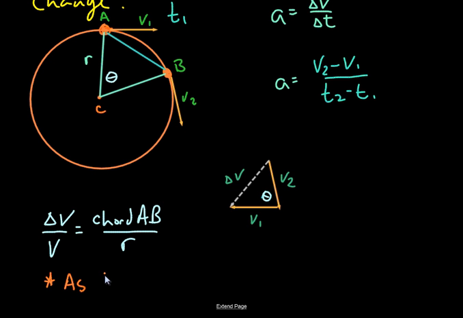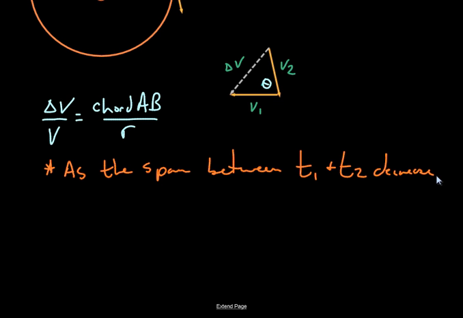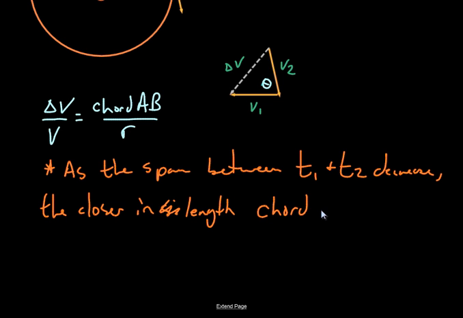As the span between t1 and t2 decreases, the shorter the period of time that the travel happens, the closer in length chord AB approaches arc AB.